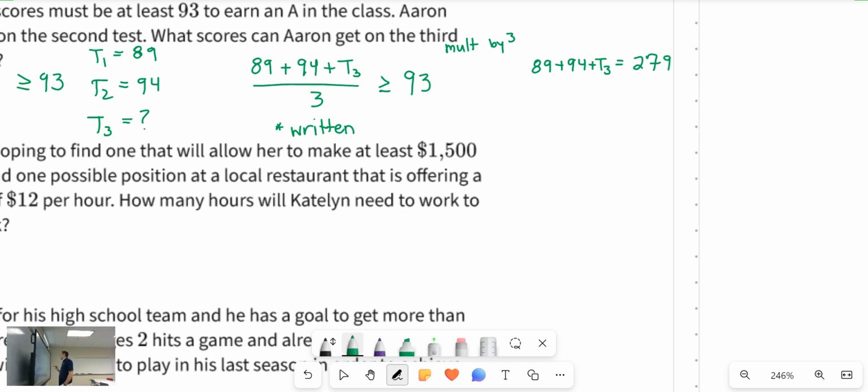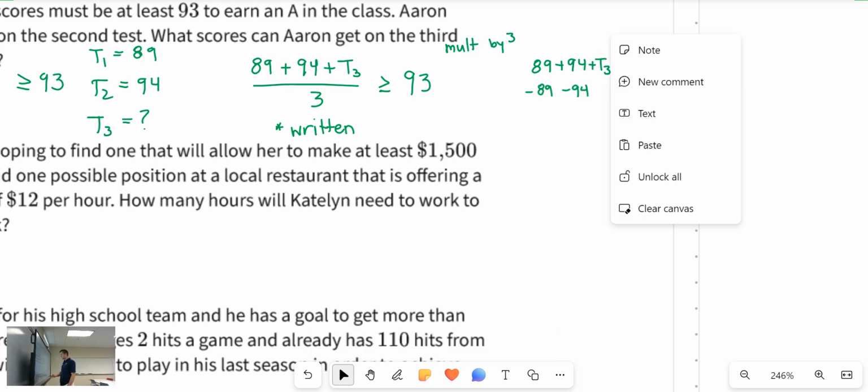Now we are going to subtract 94 and 89 from both sides. Minus 89 and minus 94. Oh, sorry, I just realized that we wrote an equal sign here when it should not be an equal sign.